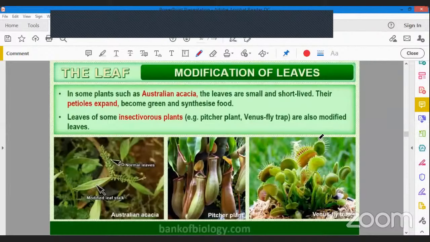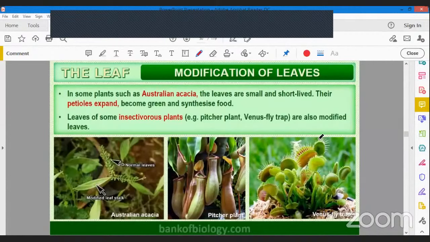Then in Australian acacia, the leaves are small and they are short-lived, and their petioles expand to become green and they synthesize food. So take it down.